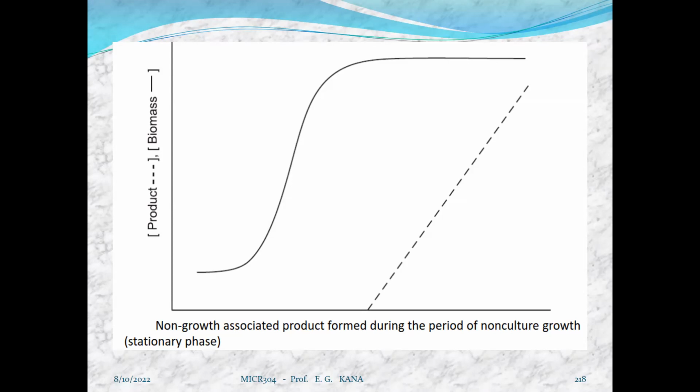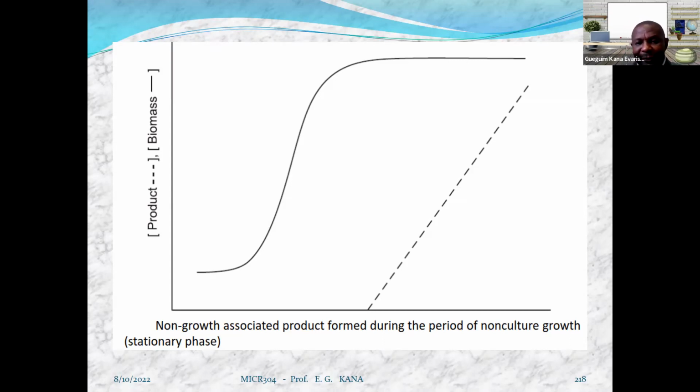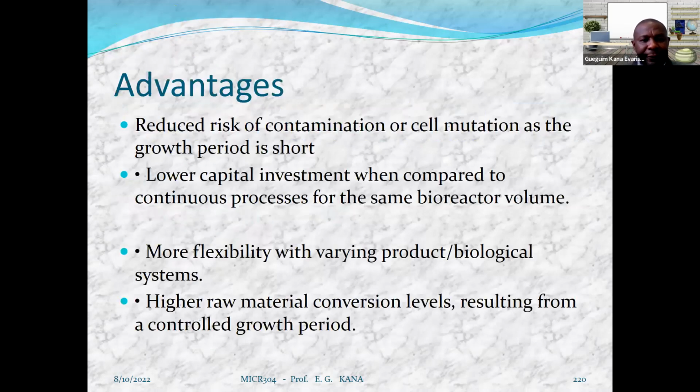One of the possible questions could be for you to give us examples of products that are growth associated, and examples of products that are non-growth associated. Now, what I would like you to understand again is the advantage and the limitations of the batch system and where it can be applied.